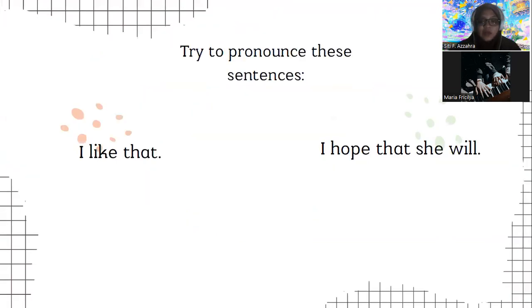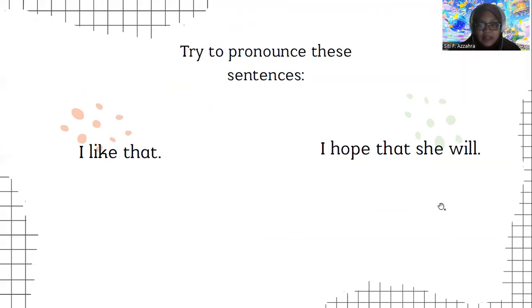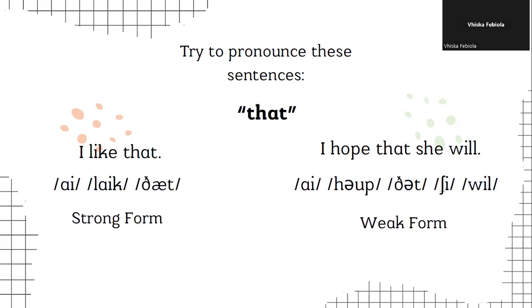Okay, for the first one, let's try pronouncing these sentences. We have two sentences here. The first one is, I like that. And the second one is, I hope that she will. The sentences are different here. The first one is, I like that.